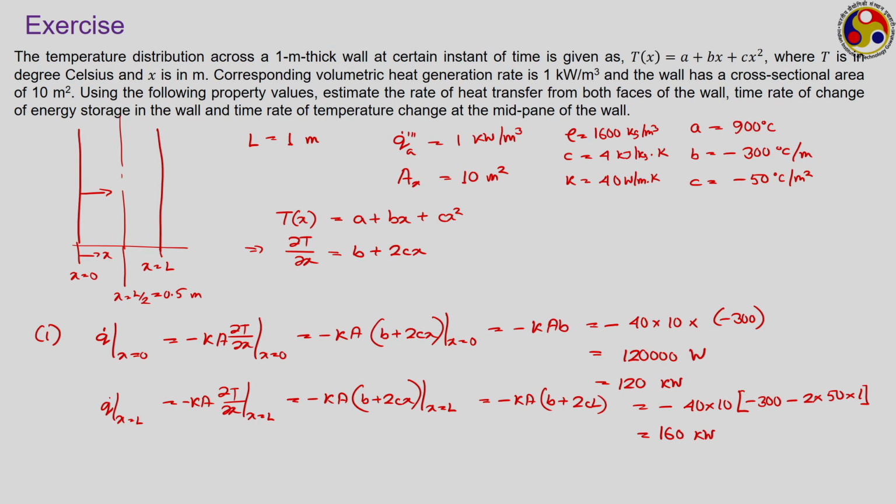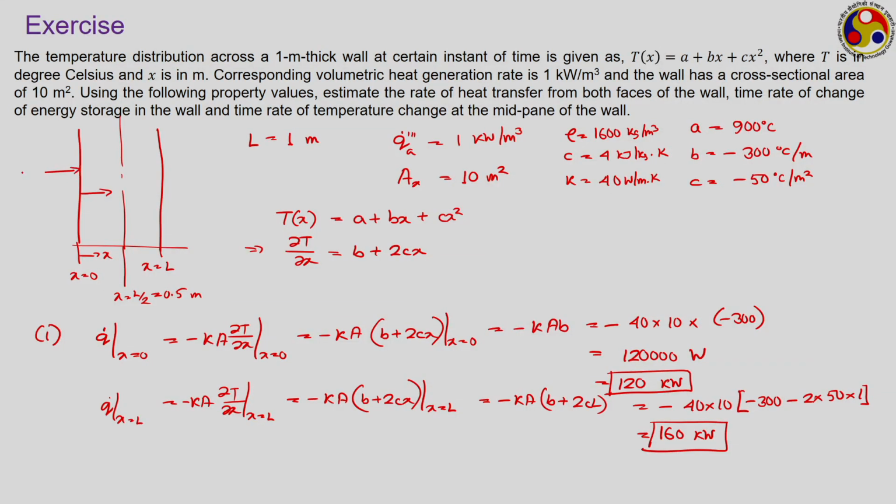So, from the left face the rate of heat transfer is 120 kilowatt, and from the right face it is 160 kilowatt. But both of them are coming out positive. You have to remember, we are talking about heat transfer rate, which can have a direction. Here both are positive. What does that indicate? Through both faces the rate of heat transfer is in the positive x direction.